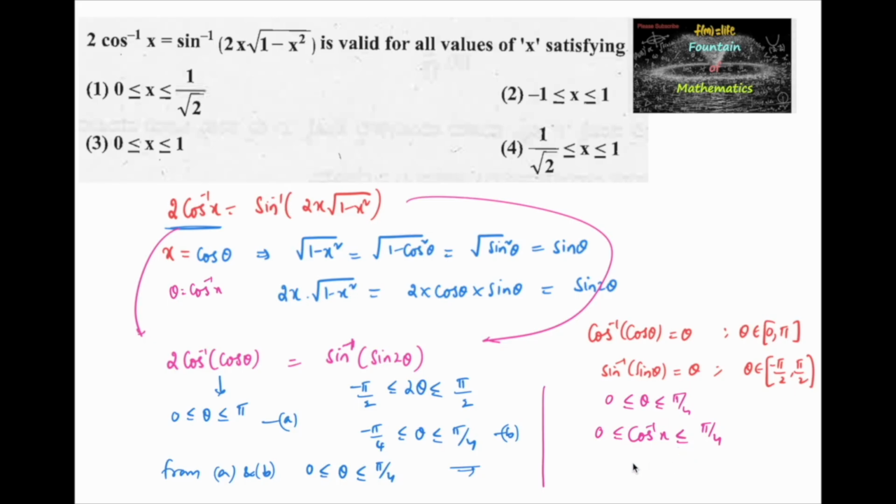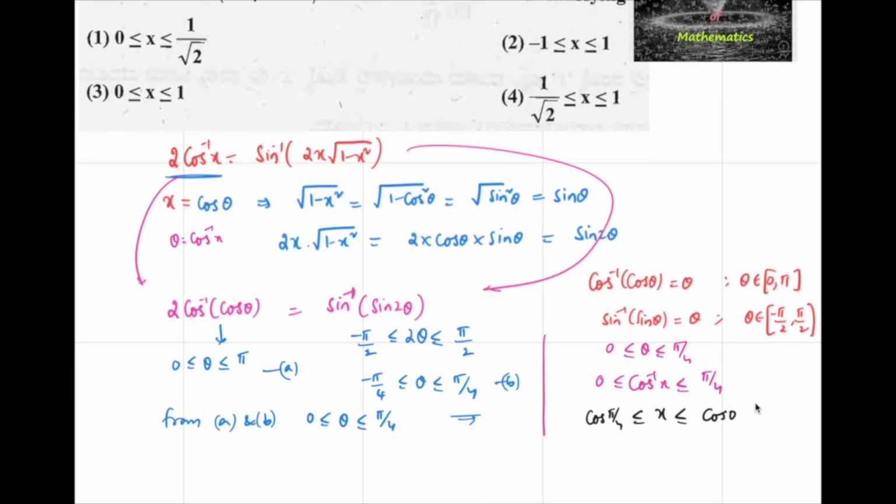Since cos inverse x is a decreasing function, we can write x lies between cos pi by 4 and cos 0. So cos pi by 4 is 1 by root 2, less than or equal to x less than or equal to cos 0 is 1. So 1 by root 2 less than or equal to x less than or equal to 1, which is our option 4. So option 4 is the answer.